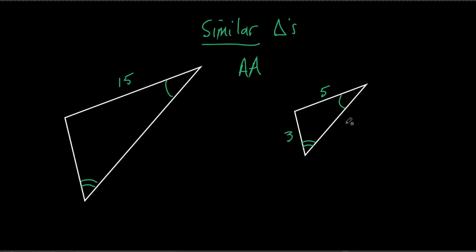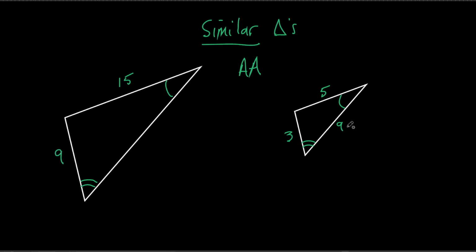And this probably doesn't, let's see. 9. Okay, we'll just say that. So over here, if this is 5 and this is 15, how much bigger is this longer side than this side right here? It's 3 times, isn't it? Okay. So what do you think the length of this side right here is going to be? 9. It's going to be 9.